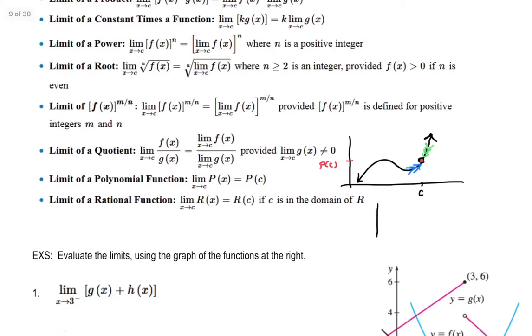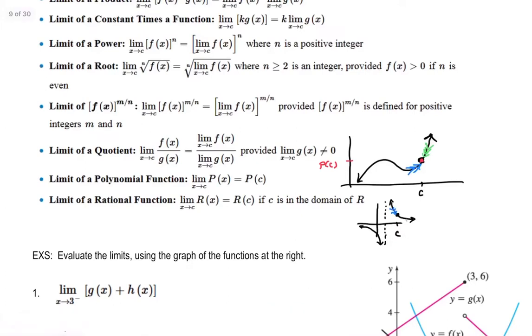So if I have some rational function, let's say with a vertical asymptote here, at any other location included in the domain, the same idea applies. As long as the input value I'm interested in isn't excluded from the domain, I will be able to do direct substitution once again.